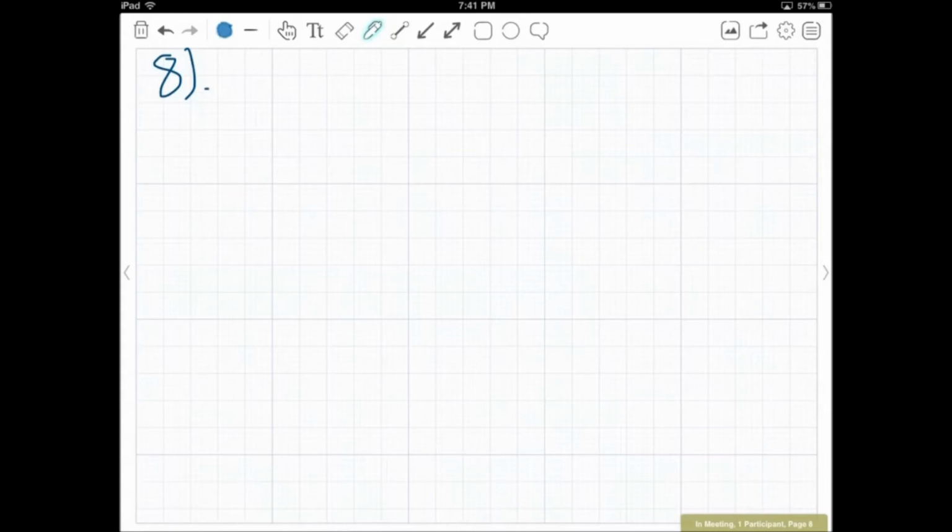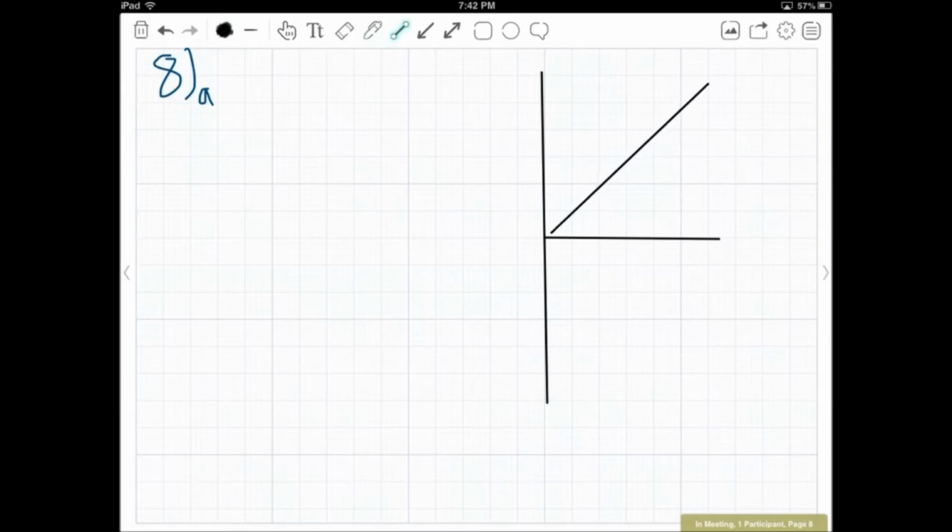So 8A looks like this, and it is an ST graph, in other words, distance versus time, position versus time. Alright, so what can we say about 8A? We can tell where it starts.